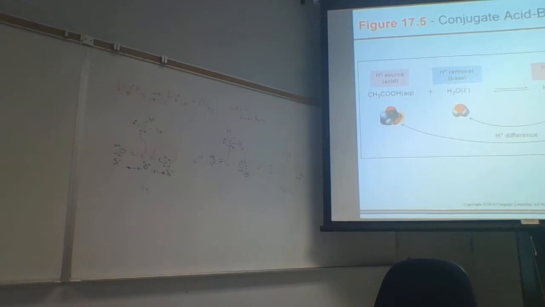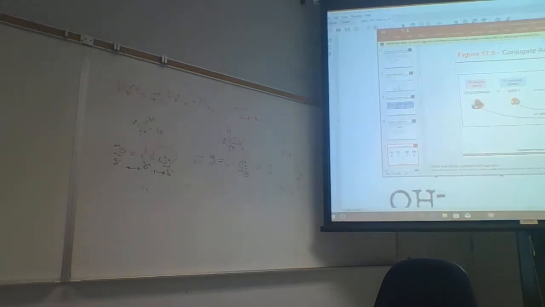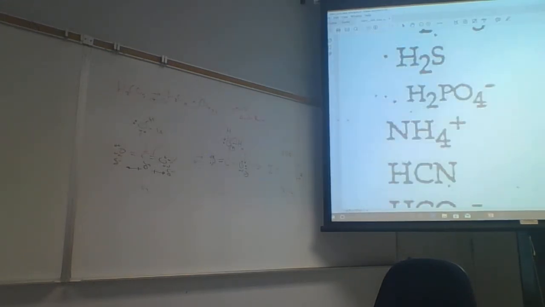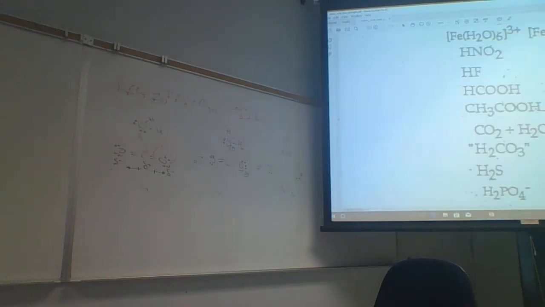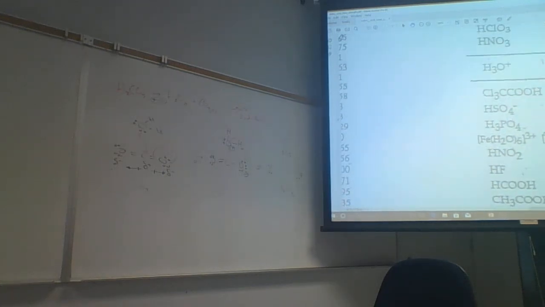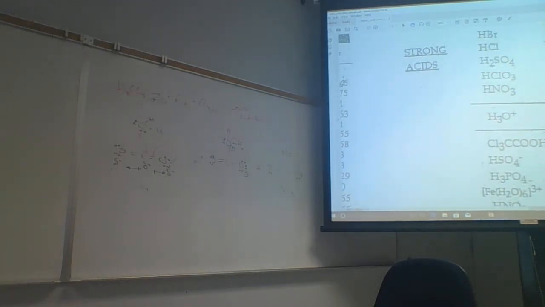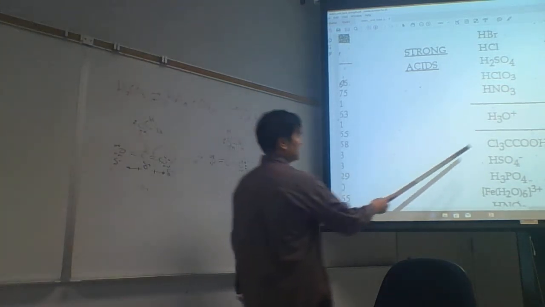Well, acetic acid is written a little differently here, but here's hydronium. Hydronium is the strongest acid that can exist in water. That's why you see these two bars here. Hydronium is the strongest acid that can exist in water.